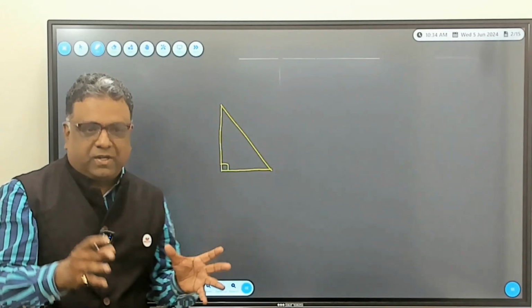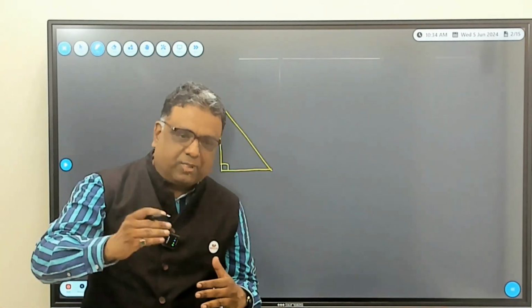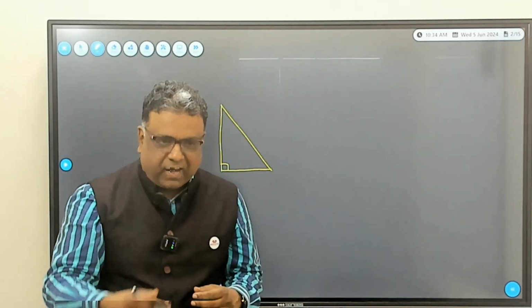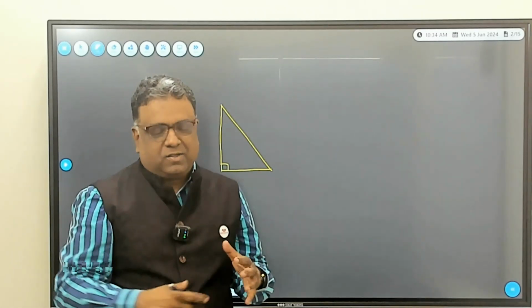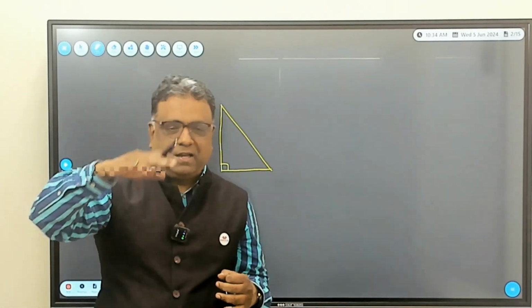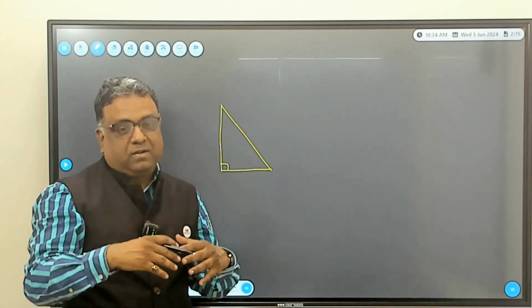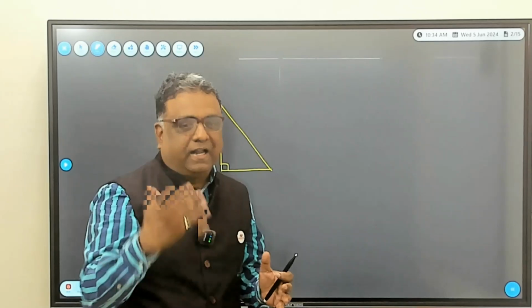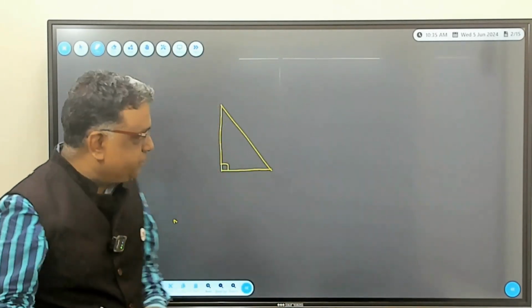We'll apply trigonometry ratios in right angle triangles, and after that we will scale it up to any other triangle, any other angle, 135, 120, 210, 315, 360. So as and when we grow in 11th grade or 12th grade, we'll try to apply trigonometric ratios and try to find the trigonometrical ratios of angles greater than 90, greater than 180, greater than 360, and so on.